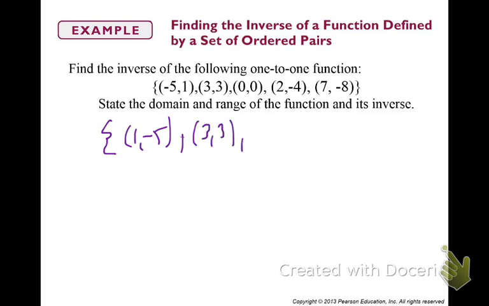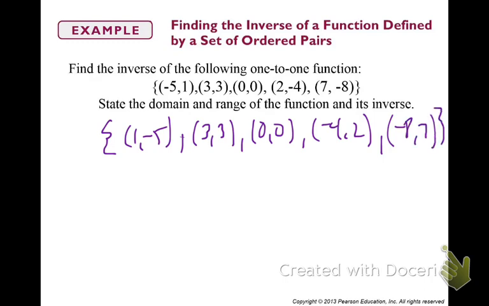The 0, 0 would become what? 0, 0. Can't really see our switching on those, can we? Here we go. 2, negative 4 becomes negative 4, 2. I keep messing up on my parentheses. And the 7, negative 8 becomes negative 8, 7. Right?